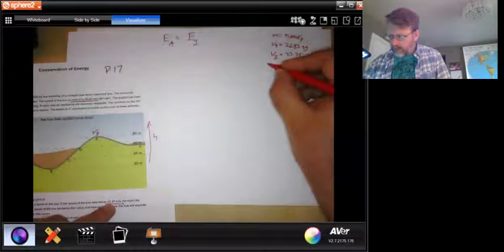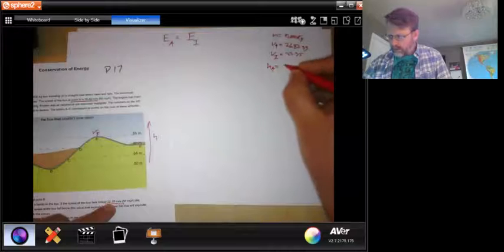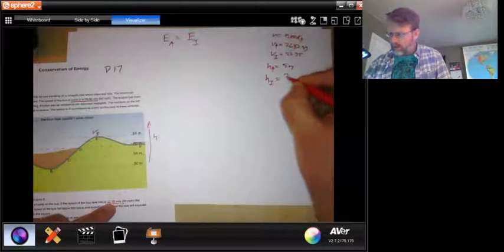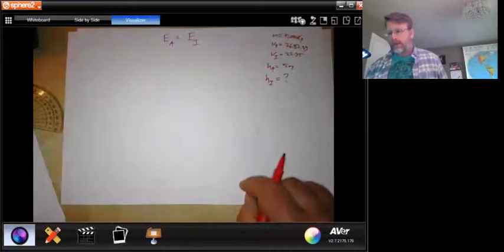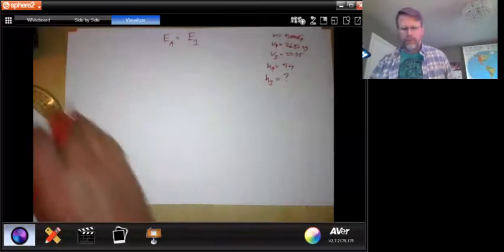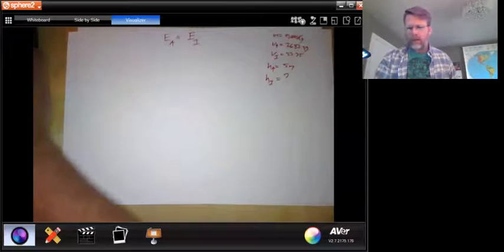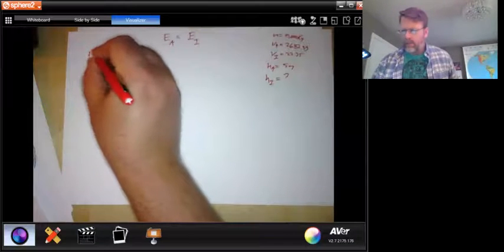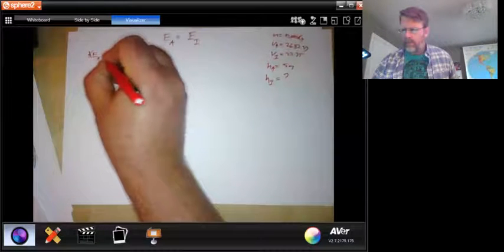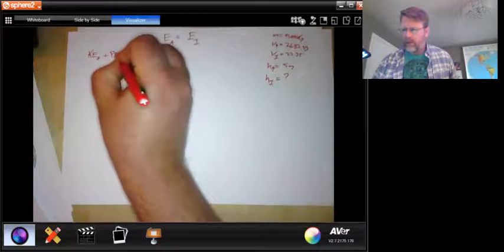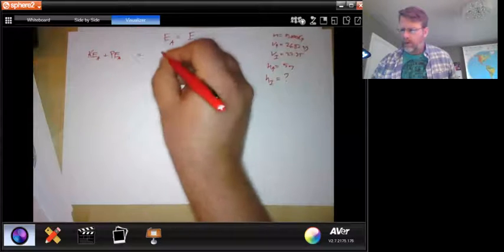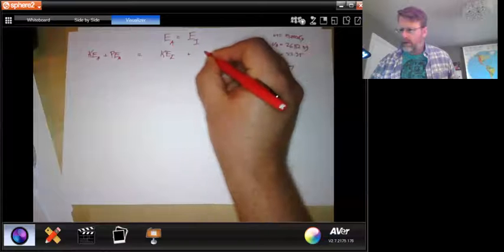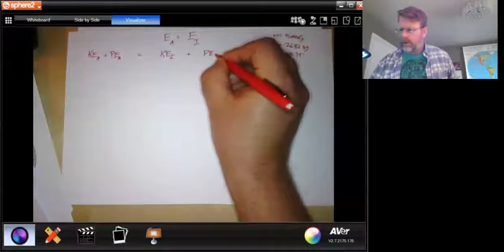We know the first height is 5 meters, and the real question is at what interval does it occur? So that is what we're looking for. So now we can start going through this process again. So again, KE plus PE is going to equal kinetic energy of the interval and the potential energy of the interval.